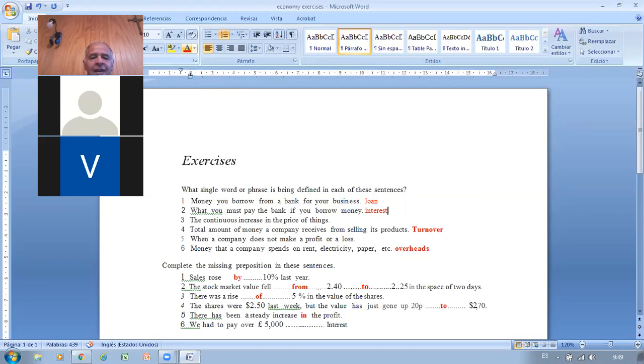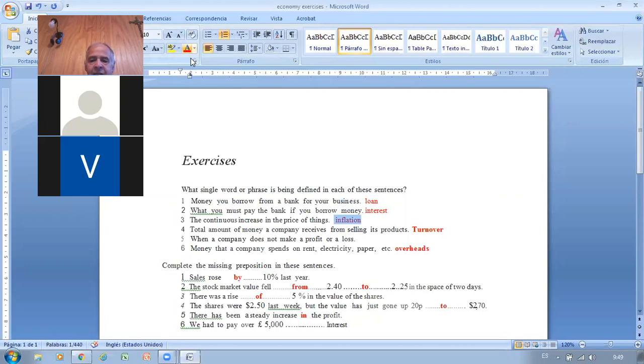We are now in a process like that. There is an increase in the price of things. How do you call that? That is inflation. Okay, inflation. How do you call it in Spanish? Inflación. I was writing in Spanish. So it's a continuous increase in the price of things.